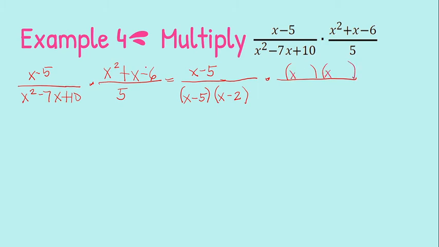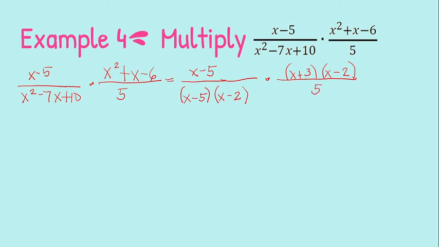So I'm going to think of two numbers that when I multiply give negative 6 and when I add give positive 1. That is positive 3 and negative 2, because the last term is negative 6. And 5 will remain 5.